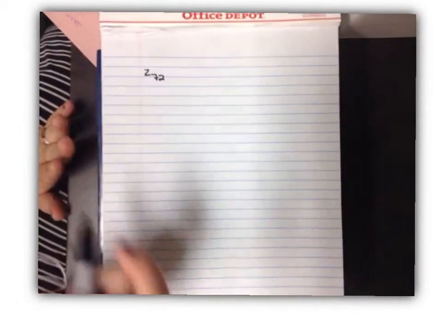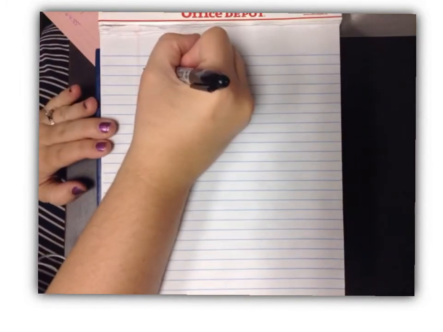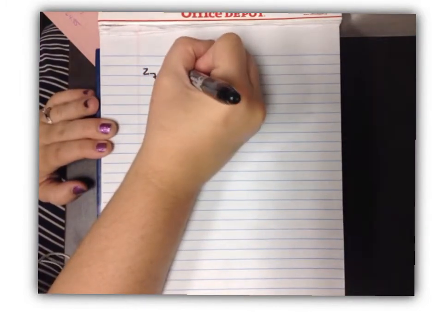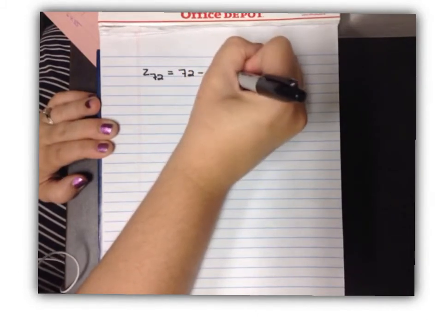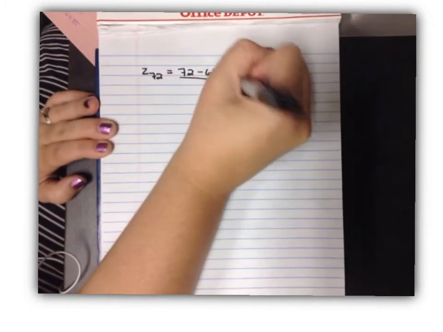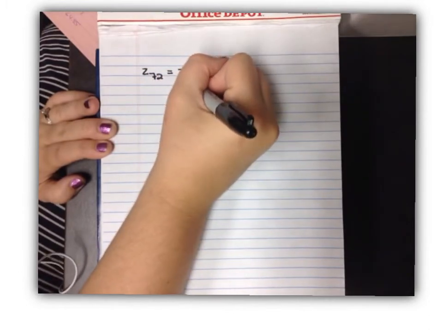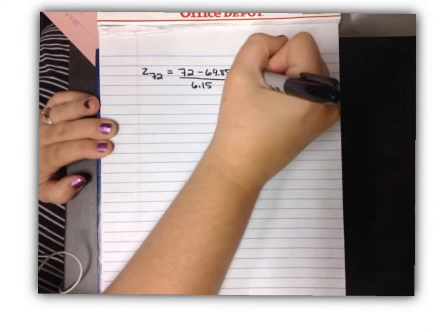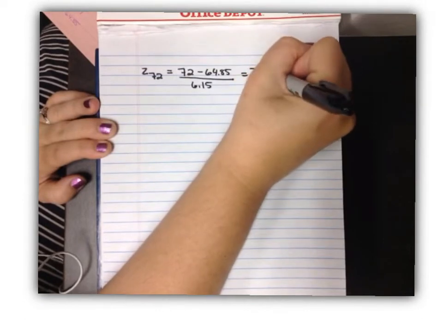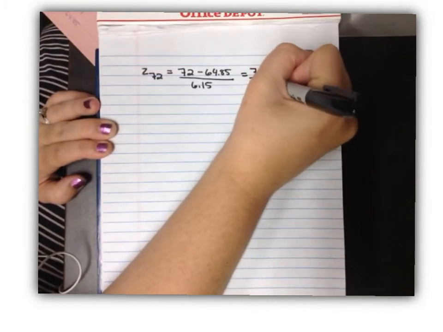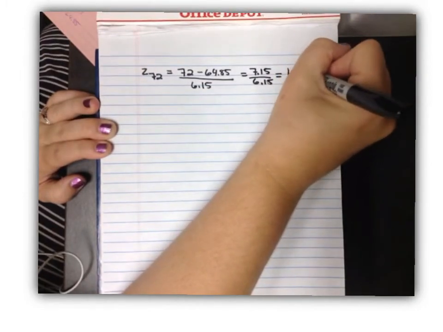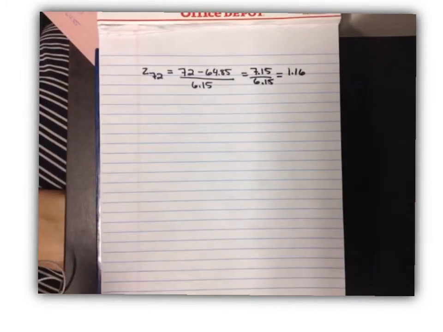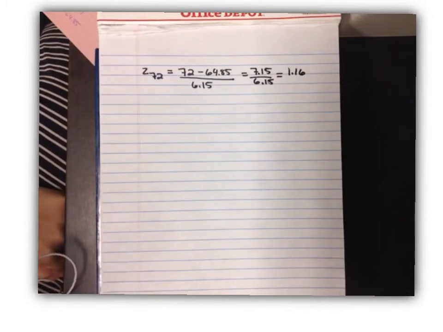I write it that way so we know that we're looking for a z-score for a raw score of 72. And that's going to equal 72, so x minus the mean, 64.85, divided by standard deviation, which we calculated as 6.15. So it's going to be 7.15 divided by 6.15 equals 1.16. So a z-score for a raw score of 72 is 1.16.